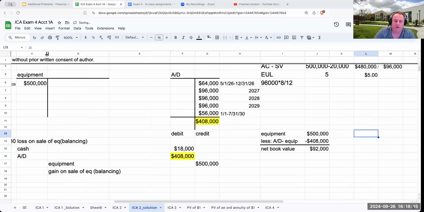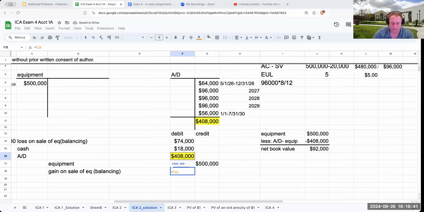So instead of doing this whole net book value computation that I just went through, you're going to be better off memorizing this journal entry. And if you think about it intuitively, it makes sense. I have to take the equipment off my books. I have to get rid of that accumulated depreciation off my books. I'm getting cash, but here I need a balancing of 74,000.